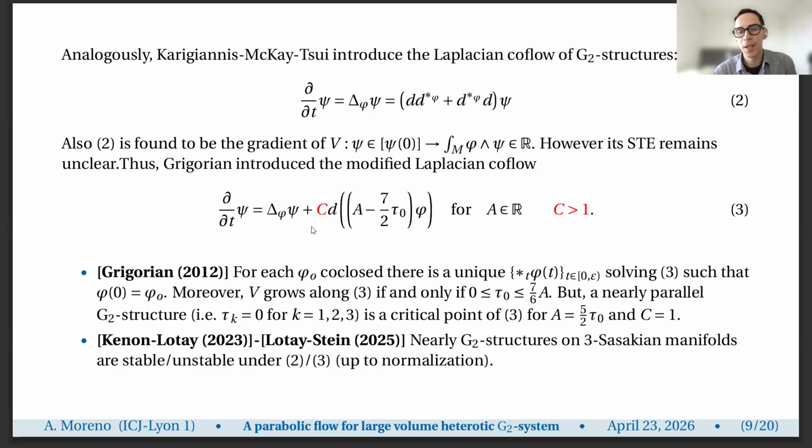So in some sense, the Grigorian modification solved the problem of short time existence, but then it also brings other problems to the flow, such as this instability of the critical points.